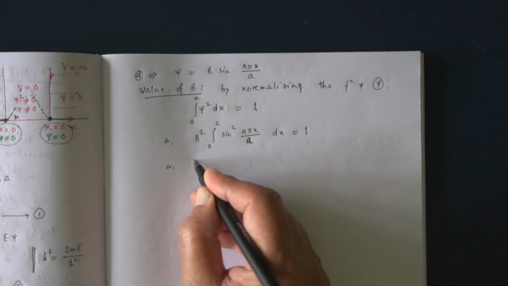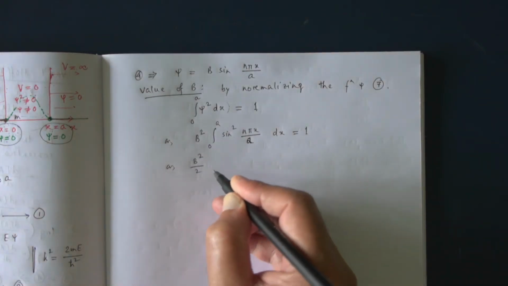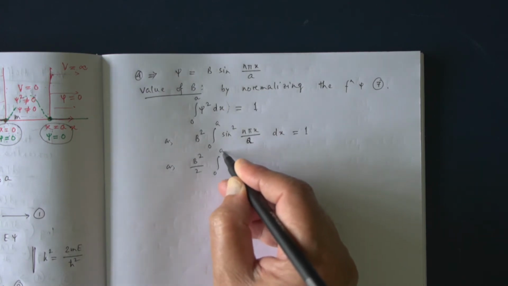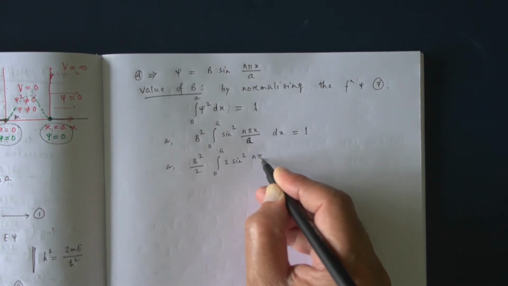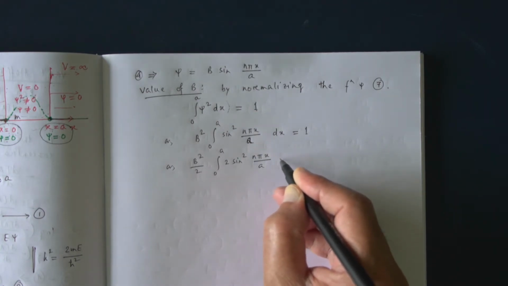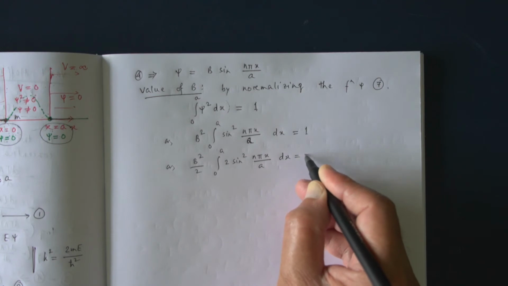Or we can write it like this: b square by 2 integration 0 to a 2 sine square n pi x by a dx equal to 1.